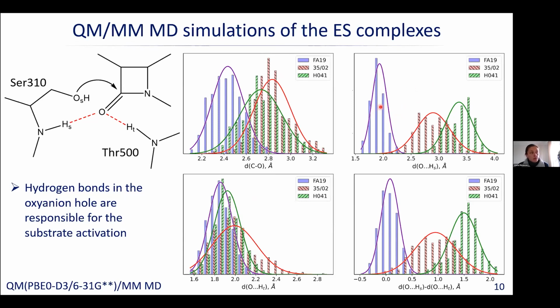So in case of the PBP2 from the wild type strain, we can see the narrow distribution centered at around 2 angstrom that corresponds to the hydrogen bond, whereas in case of PBP2s from the mutant strains, these distributions are shifted to the larger values.